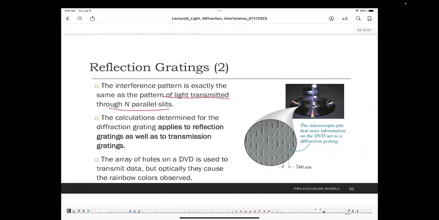So you can also use the equation for the diffraction grating to calculate the reflection grating.